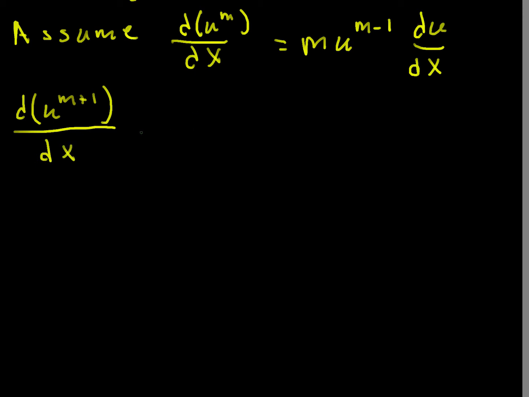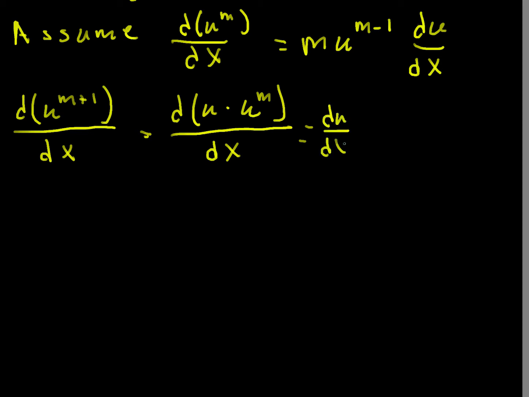This is d of u times u to the m, dx, which product rule says is du/dx times u to the m plus u d(u to the m)/dx.